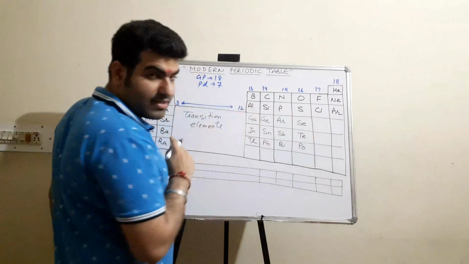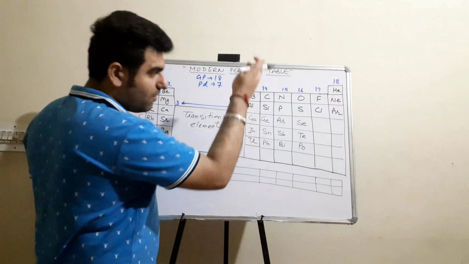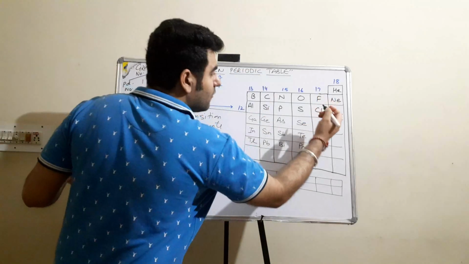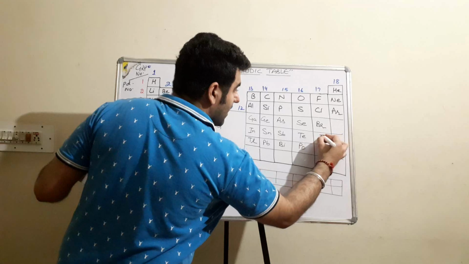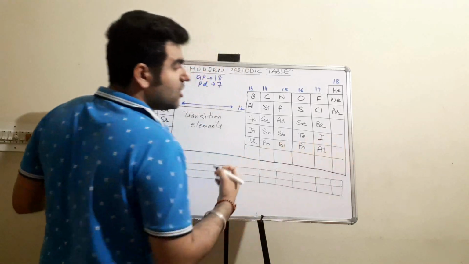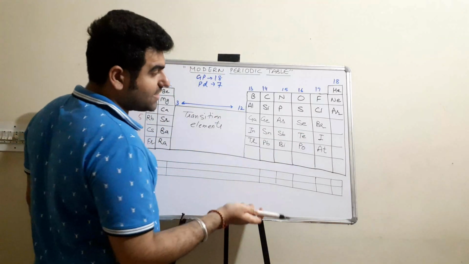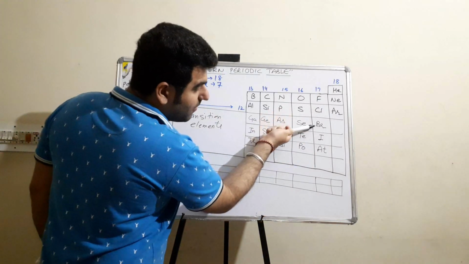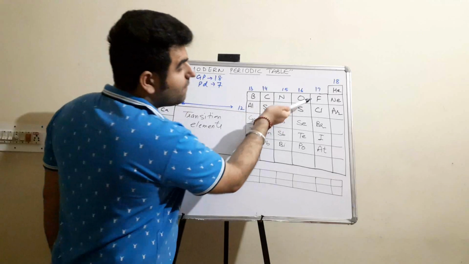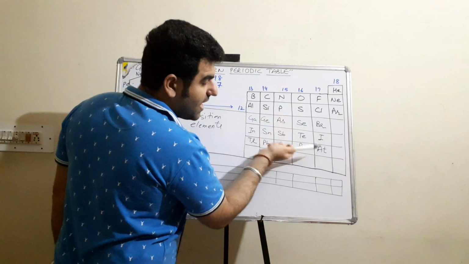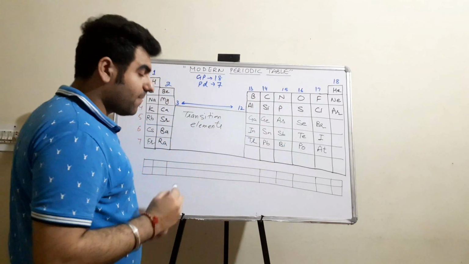Next is group number 17. This is just like with the flow it goes: fluorine, chlorine, bromine, iodine, astatine, or we can say फिर कल बाहर आई आंटी. This is how we can remember.